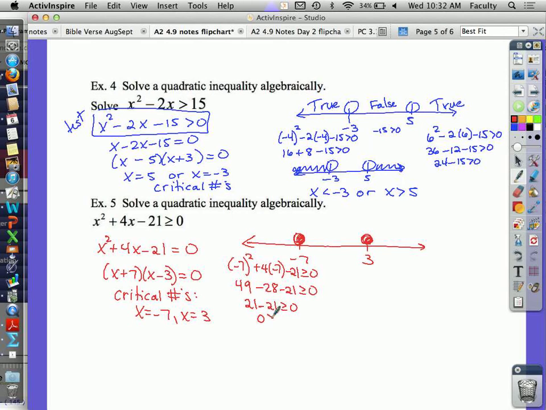Okay, on this one, where you get 0 greater than or equal to 0, is that true or false? That's true, isn't it? Because it can be equal to, so that's true. If I plug in 0, this one's false.